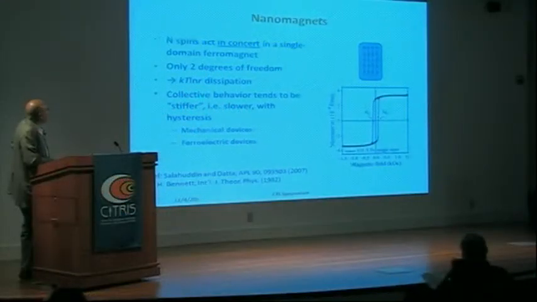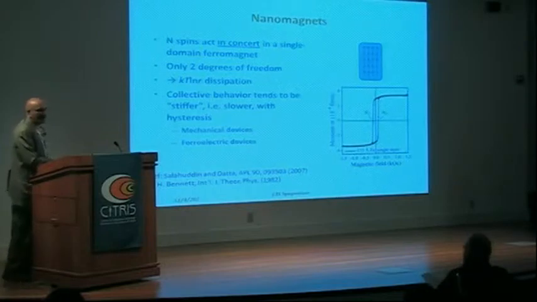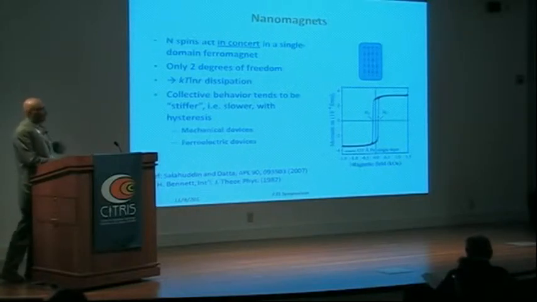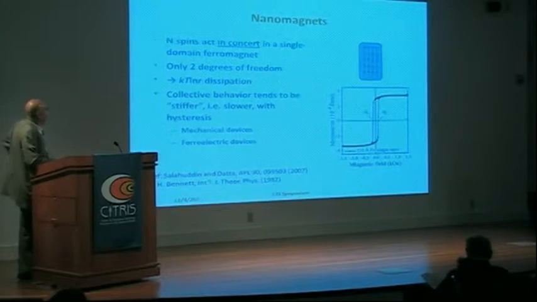And in general, this type of collective behavior, where we are flipping or manipulating a large number of particles, we find a commonality. For instance, in the mechanical devices that we heard about, the NEMS device, we're moving a cantilever with also a very large number of atoms. We're physically moving all those atoms, but they are collectively locked together and show a very similar kind of switching characteristic, in fact.